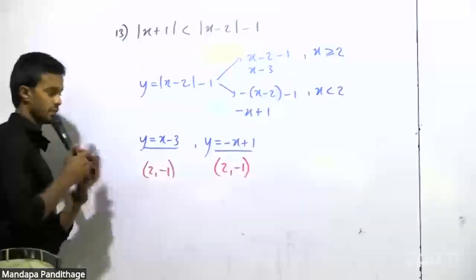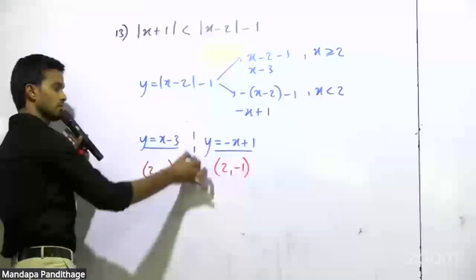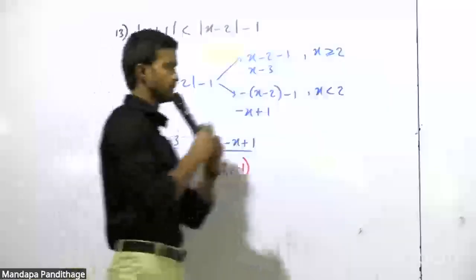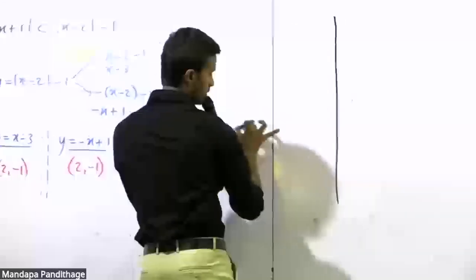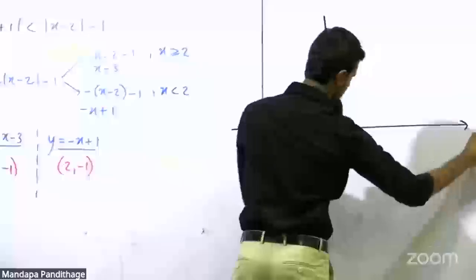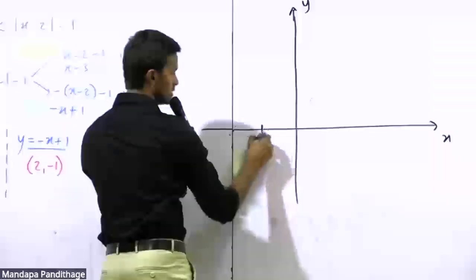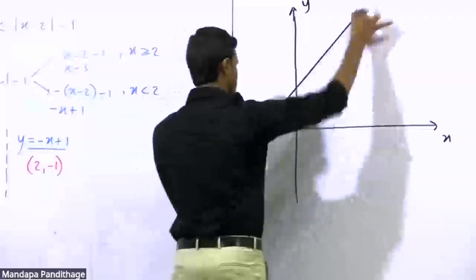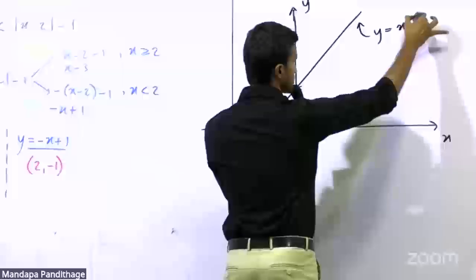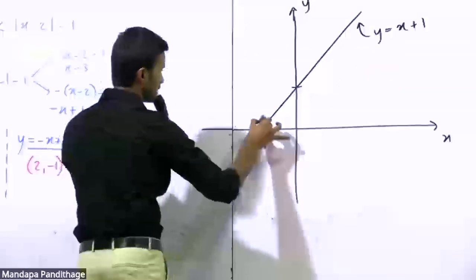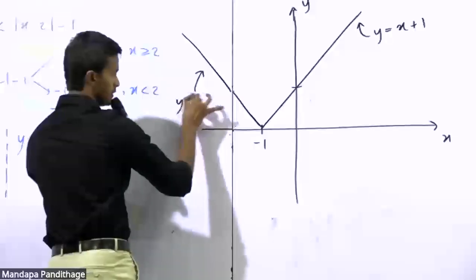So you get (2, -1). First, draw the graph that you know, modulus x plus 1. It goes through minus 1 and goes in this way. This is y equals x plus 1 and minus x minus 1. That is the graph we know.